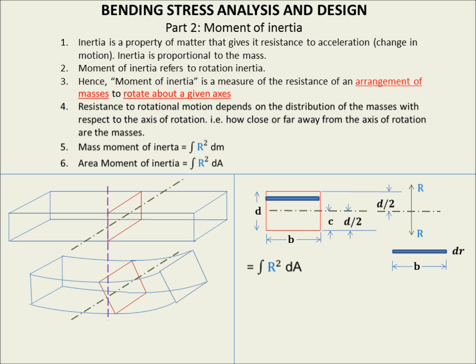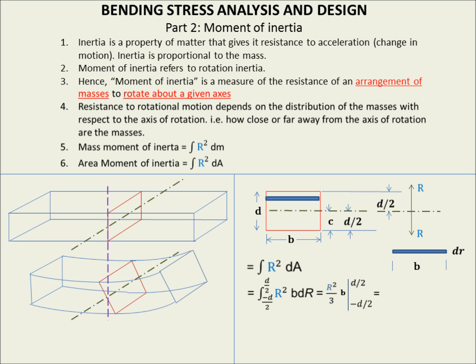So we're going to rewrite our integral as the integral from negative D over 2 to D over 2, because if you look at the axis, if the neutral axis represents 0, then we're going from negative D over 2 to D over 2, and we're integrating r squared b dr, and b dr is dA. That's why it's in there.